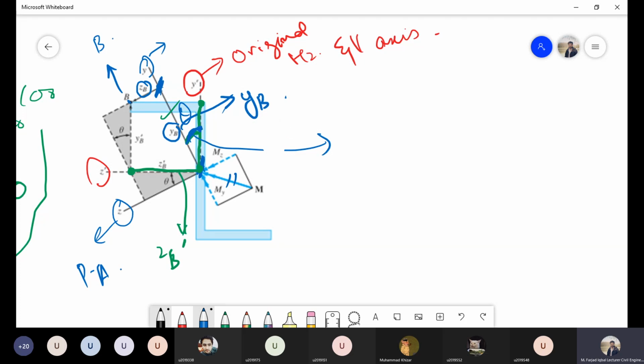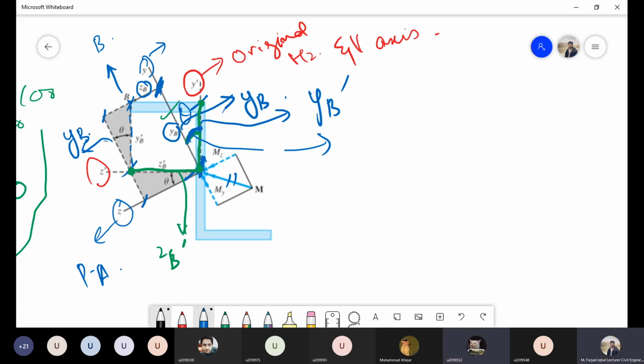Can I say that this length YB and this length is also YB, right? Yes, sir. Because both of these lines are parallel and equal in length, so I can say that this length is YB, and this horizontal length which I have shown with the green line over here, which is YB dash, I can also represent it over here, right?